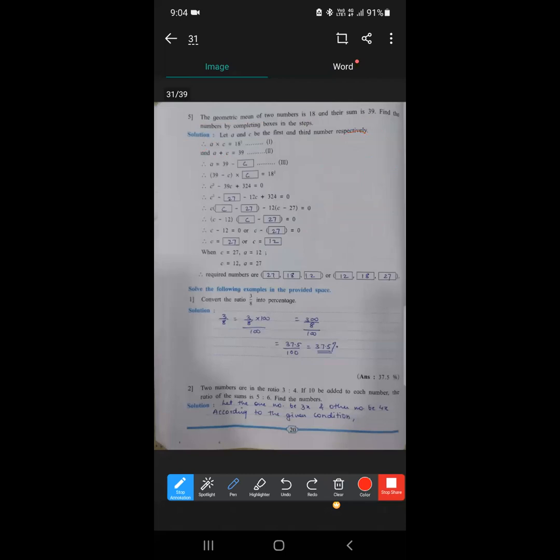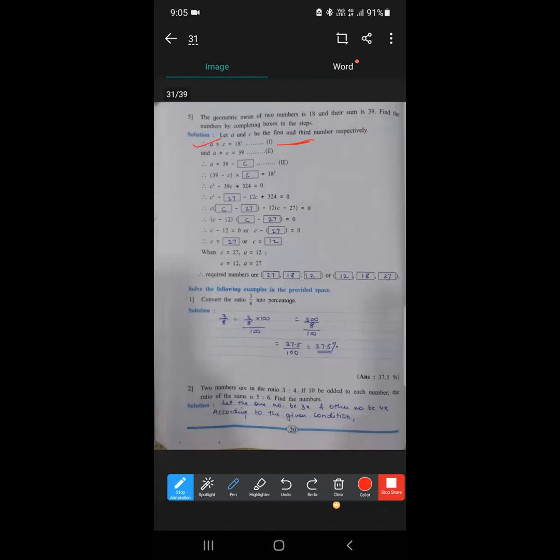Now, the first equation is a into c is equal to 18 square. In this first equation, substitute the value of a. We have got the value of a as 39 minus c. So (39 minus c) into c is equal to 18 square.